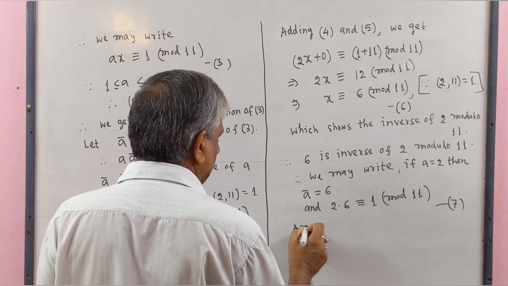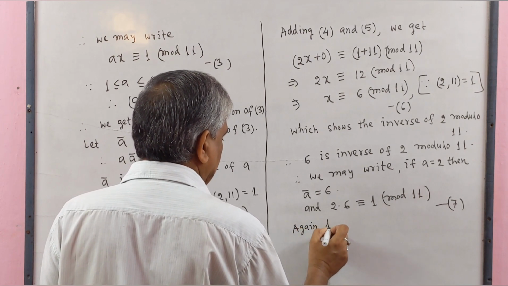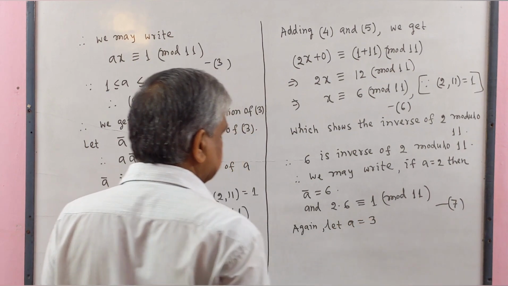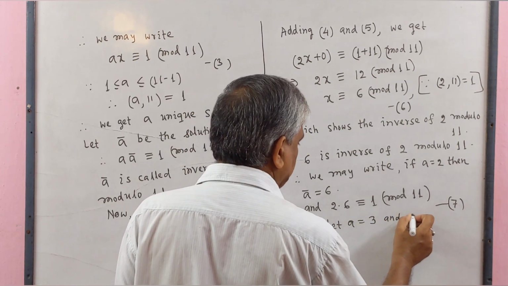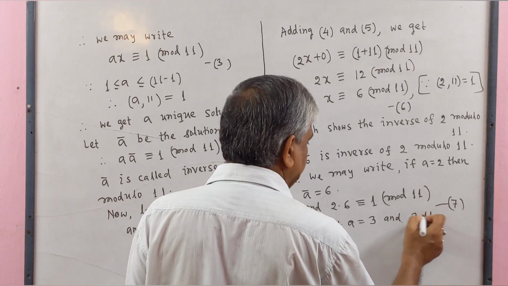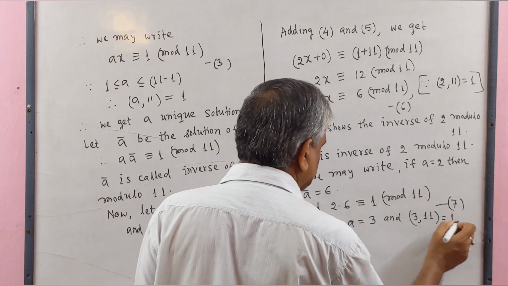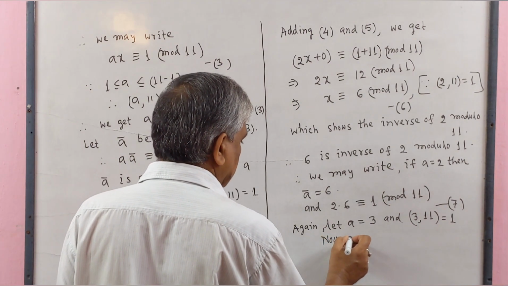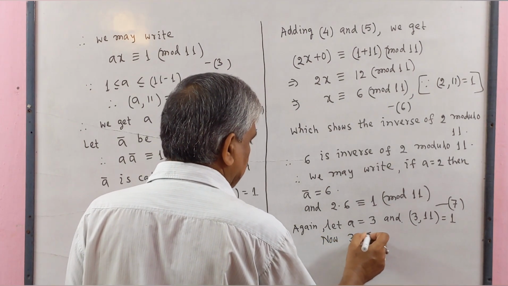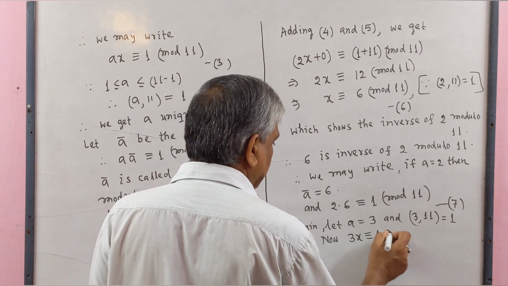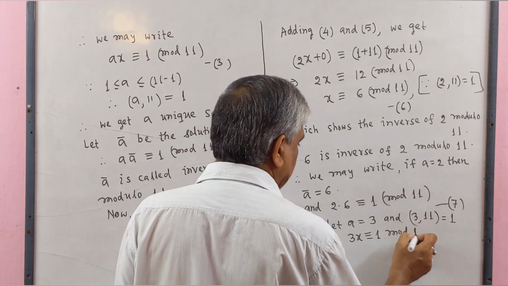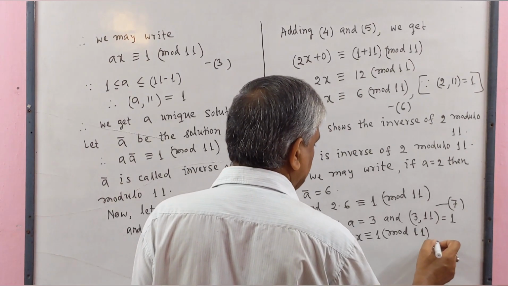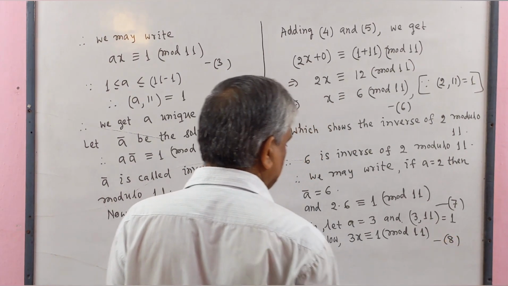Again, let a equal to 3 and GCD of 3 and 11 equal to 1. Now, 3x congruent to 1 modulo 11. This is number 8.